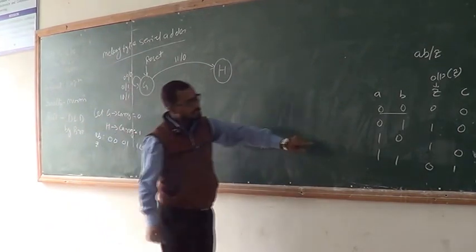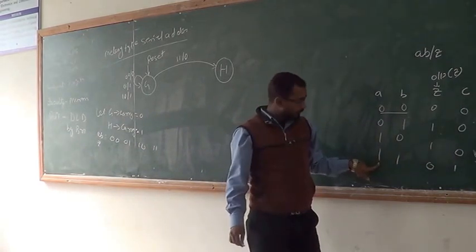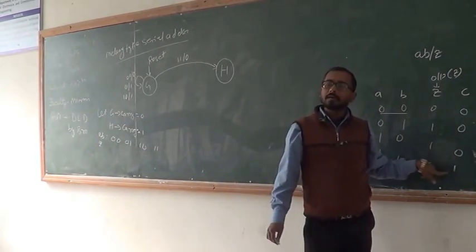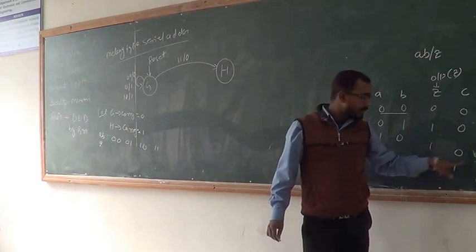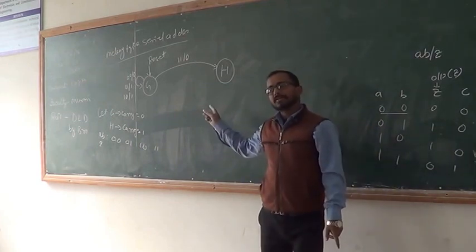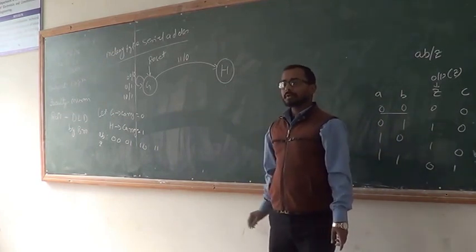Because at the last 1 the sum is 0, but the carry is 1, and the carry 1 is contained by H. Therefore we transit. Okay.